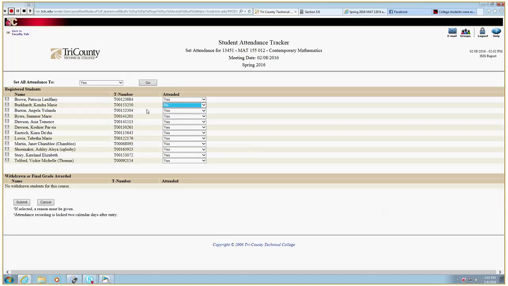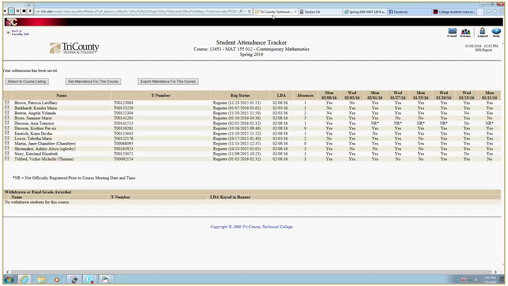Miss Burton said she wasn't going to be here, something about having to take care of her grandmother. I told her her priorities were messed up. Byers, Dawson and Dawson were here. Eastridge is here. Lowy is not here. Shoemaker's here. Story and Telford's here. Okay, what's the blonde girl's name?